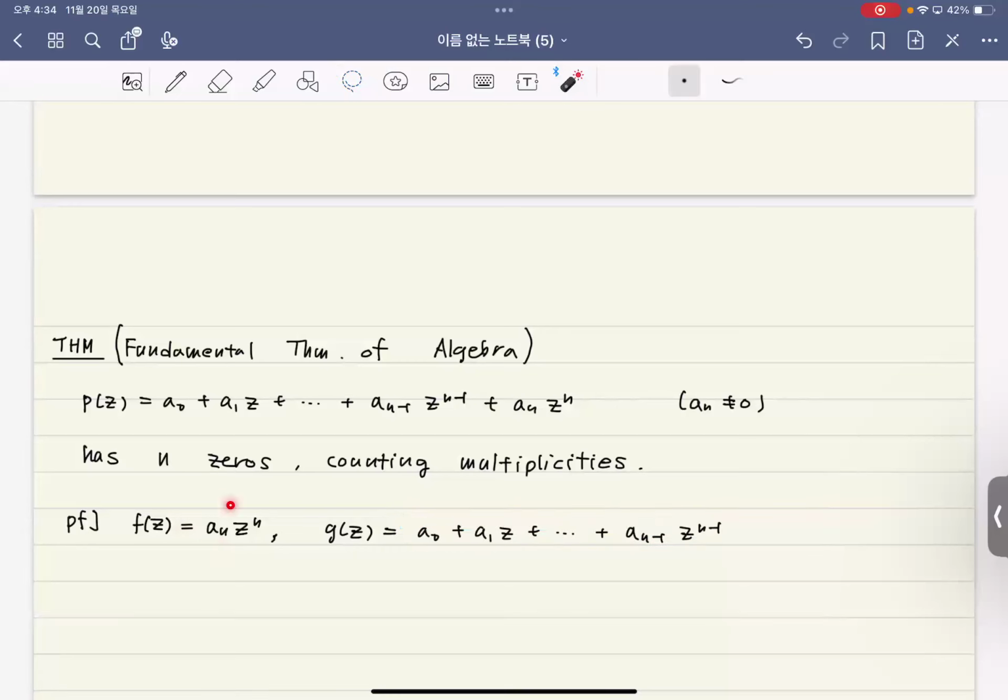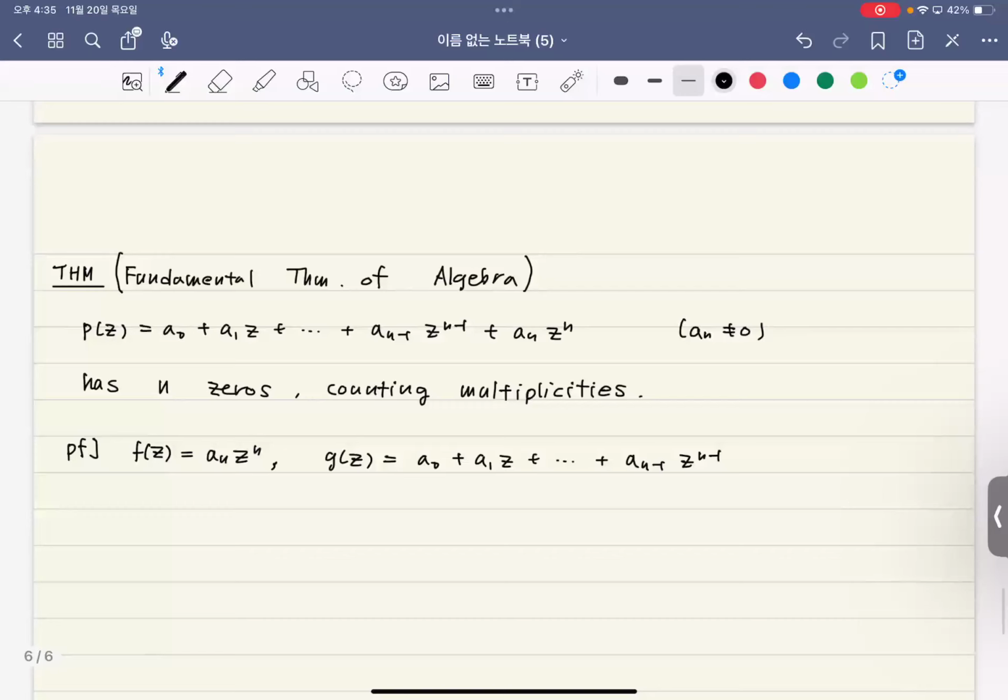So why do I choose it like this? Because we want the modulus of f of z to be greater than the modulus of g of z. And if the modulus of z is large enough, then eventually this will be greater than this one. So this is why I have chosen it. Now we consider a circle whose radius is r.